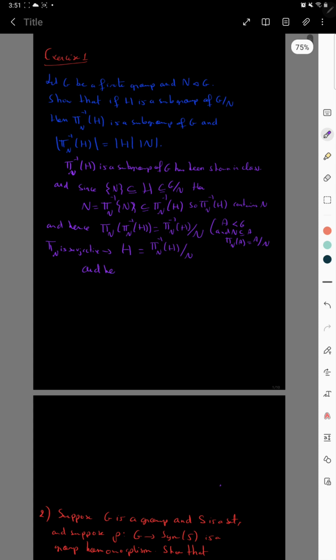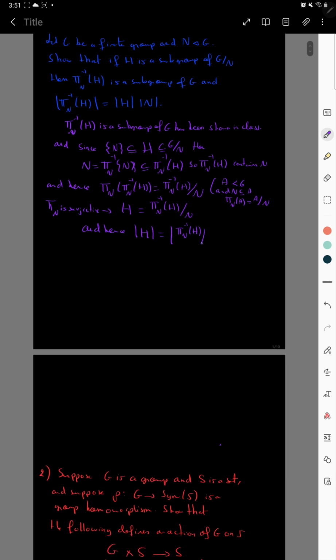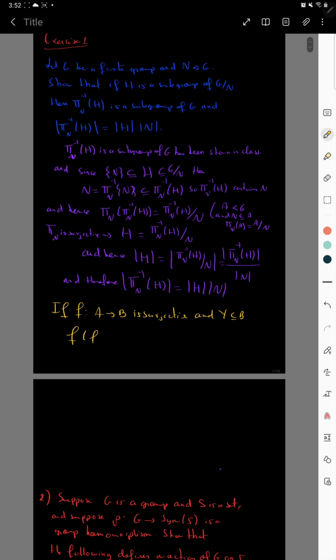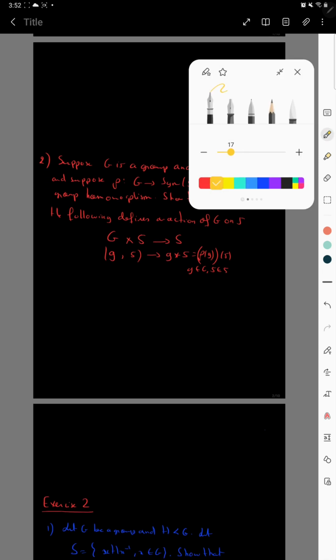And hence we just look at the sizes, mod N. Now, since all of these groups are finite, I've used the fact that if f from A to B is surjective, and Y is a subset of B, then f of f inverse of Y is equal to Y. Okay, now let's move on to the second question.